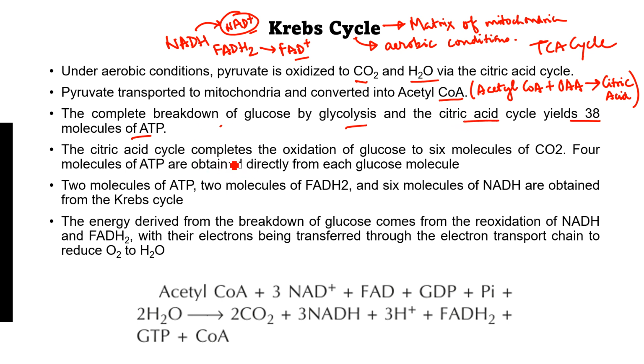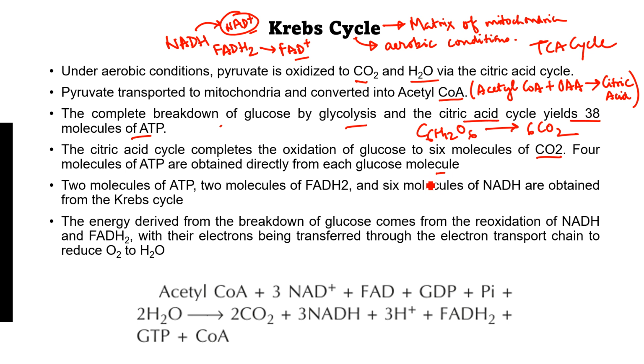And the citric acid cycle completes the oxidation of glucose to 6 molecules of carbon dioxide. Since it is C6H12O6, we have a 6 carbon compound, and from it we will get 6 molecules of carbon dioxide. 4 molecules are obtained directly from each glucose molecule.